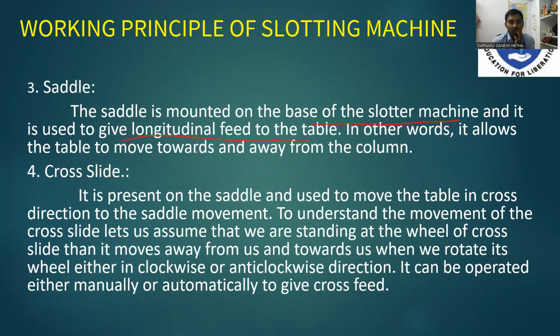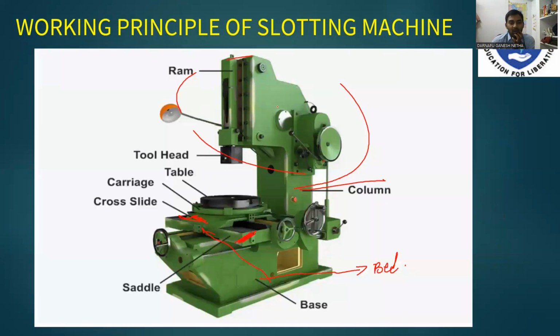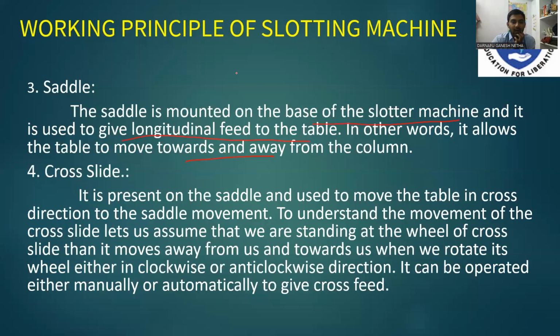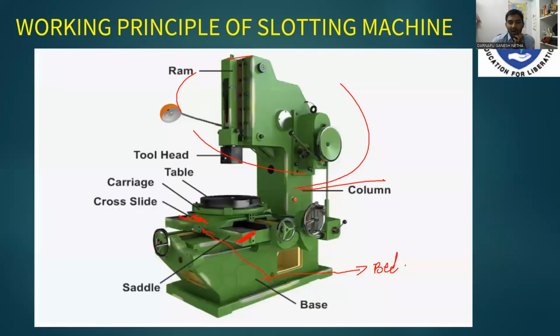It allows the table to move towards and away from the column. The saddle gives the longitudinal feed and moves away from the column.